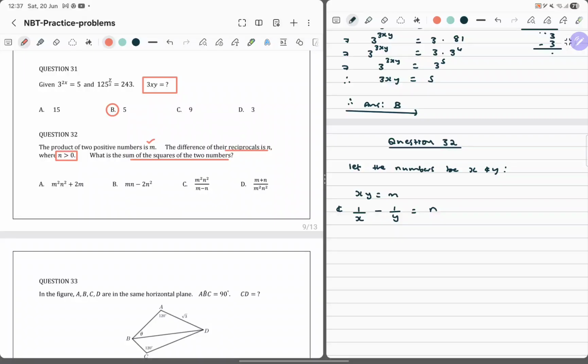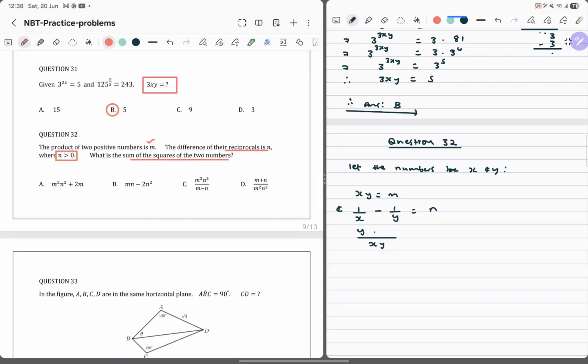All right, so then let's see. Okay, maybe let's finish up this one. Here we do the common denominator. So it's going to be the LCM. X times y is going to be xy.